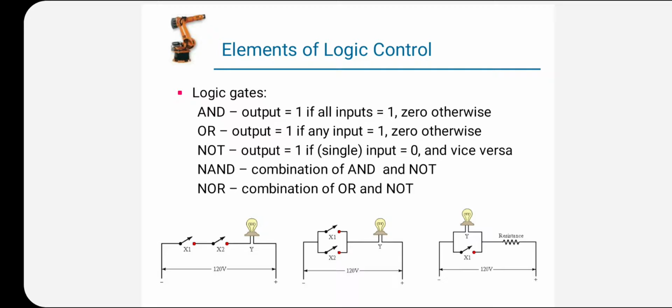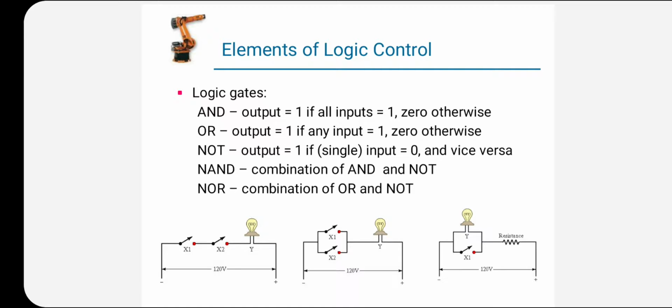You can see the following circuits. In the first leftmost circuit, if the X1 and X2 switches are open, then you will not see the lamp lit. If X1 is closed and X2 is closed, both closed, then only will the lamp be lit.